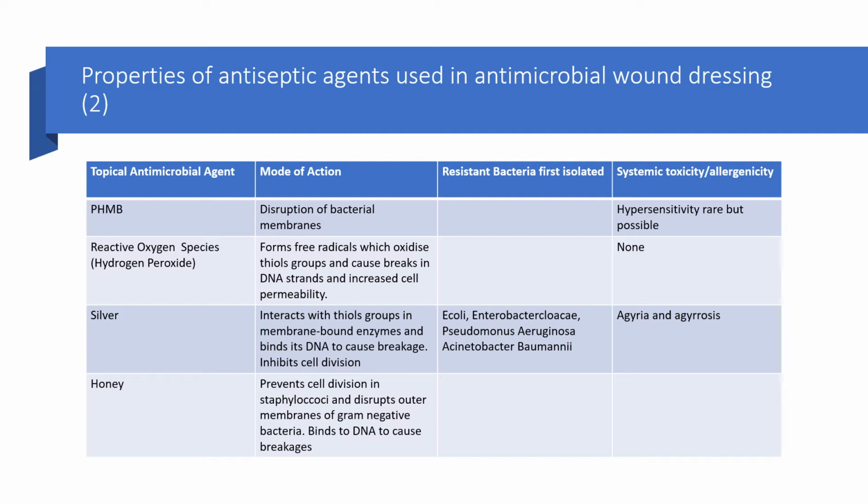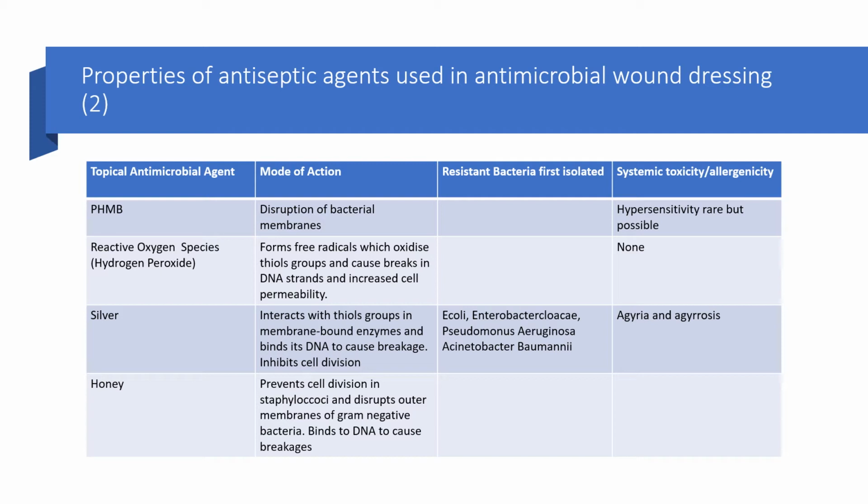Silver, which is the most common antimicrobial used, interacts with thiol groups in membrane-bound enzymes and binds to DNA to cause breakage and inhibits cell division. Unfortunately, there now are a number of reports in the literature around resistance to silver, and this is consistently being investigated.